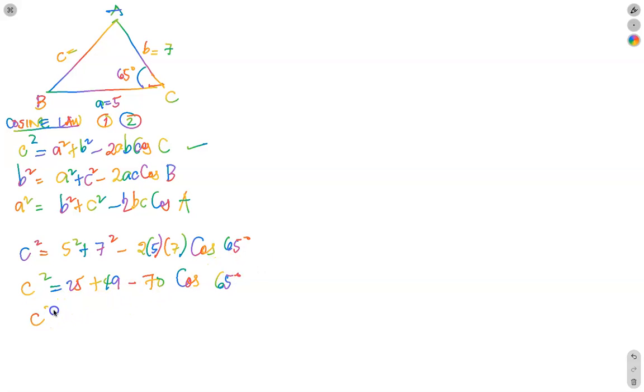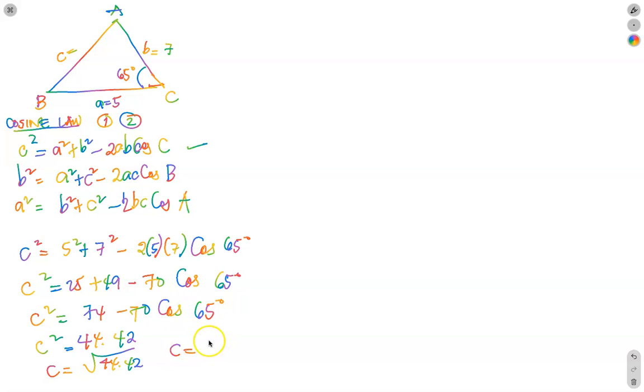We have C squared equals 74 minus 70 cosine 65 degrees. C squared is equal to 44.42 using the calculator. So C therefore is the square root of 44.42. C is approximately 6.66.